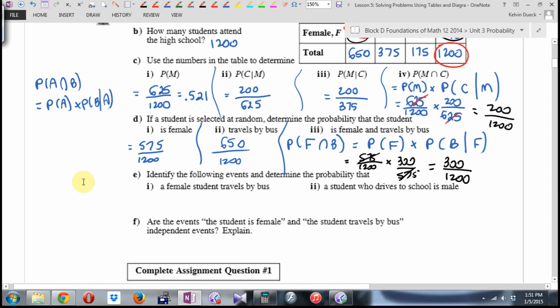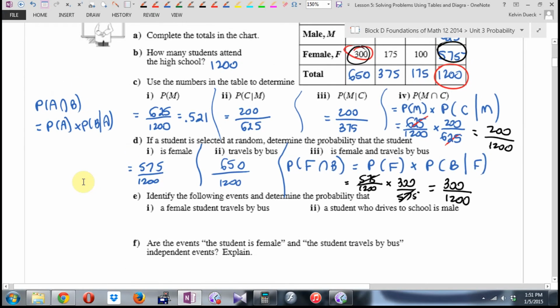Identify the following events and determine the probability that, okay, a female student travels by bus. Say what? This is the probability. We know the student is female. Given that the student is female, we want the probability that they travel by bus.